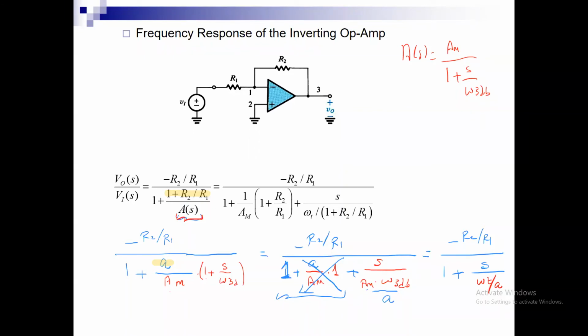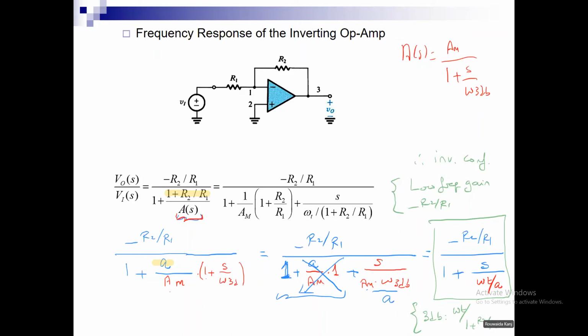Now if I want to define my system for the inverting configuration, what is the low frequency gain? From this equation, the low frequency gain is minus R2 over R1. And what is the 3 dB frequency? Omega T over A, exactly, omega T over 1 plus R2 over R1.